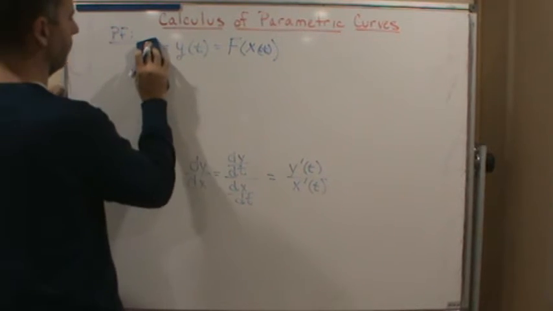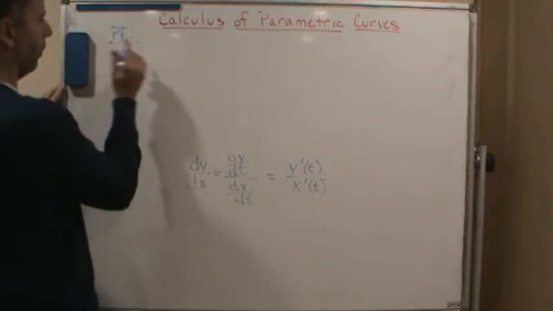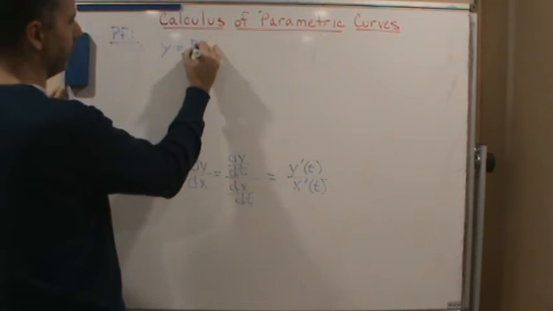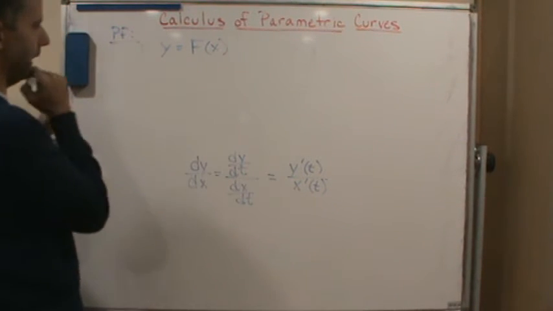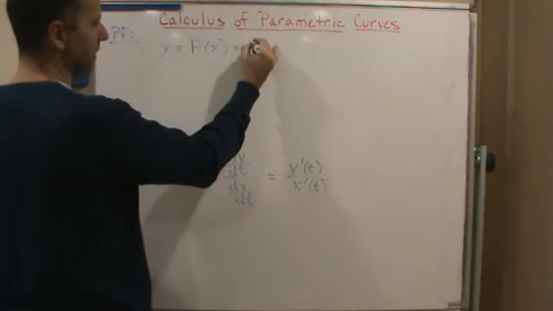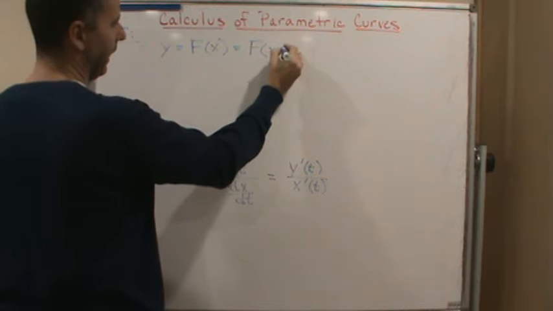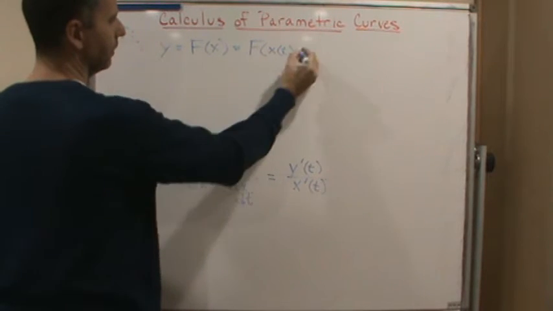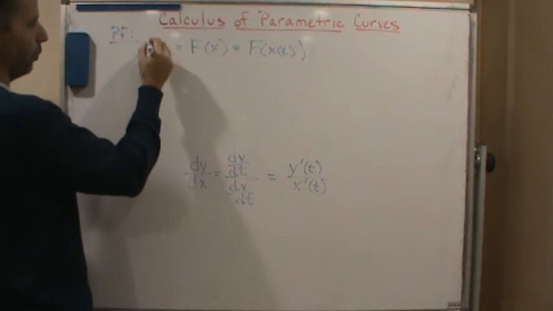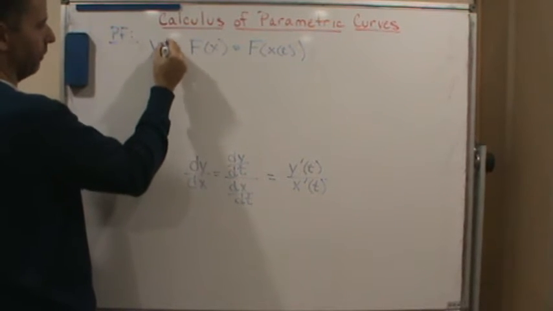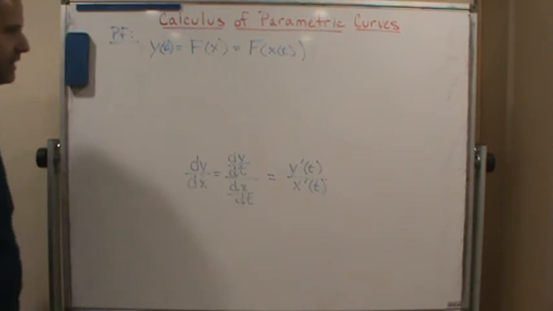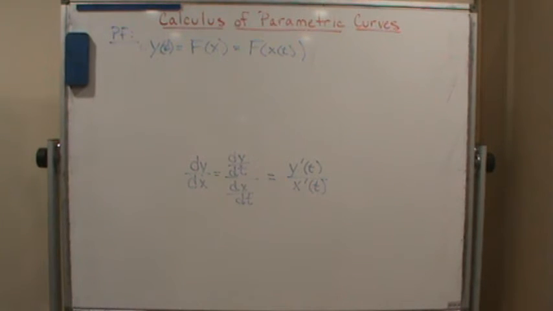So let me start with this. If we can eliminate t, y is going to be f of x, right? But then f of x, we could just say that's the same thing as f of x of t. But y is really y of t, right? So we're saying y of t is equal to this capital F of x of t.